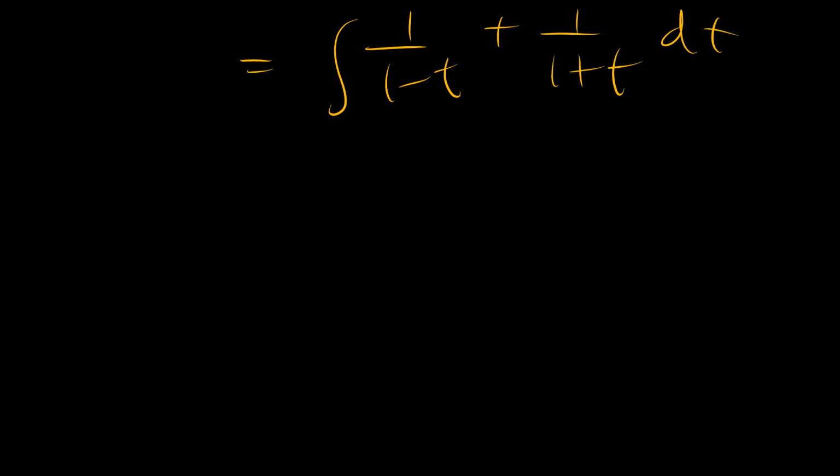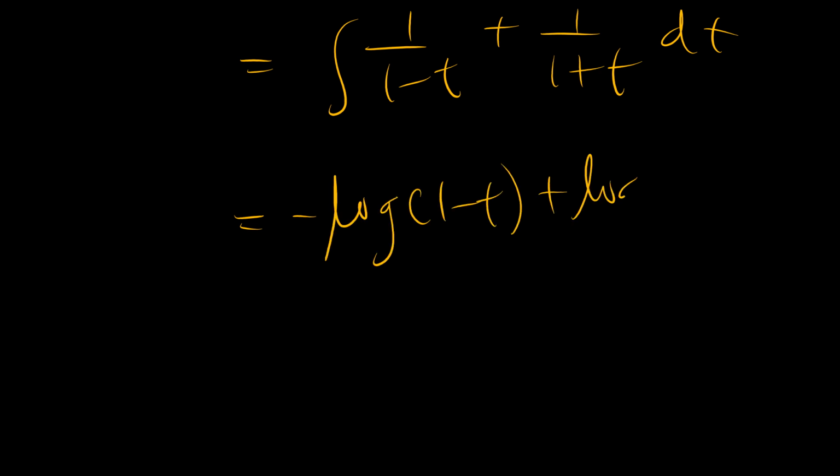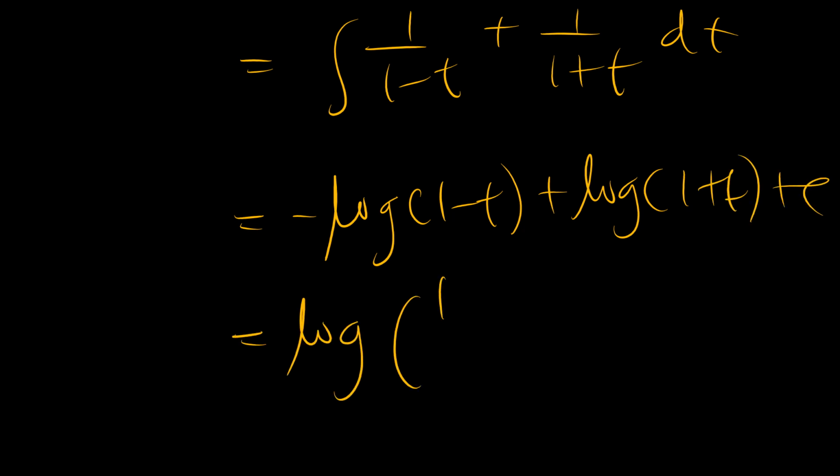So we have our integral of 1 over 1 minus t plus 1 over 1 plus t is the same as negative natural logarithm of 1 minus t plus natural logarithm of 1 plus t plus c, which is the same as log of 1 plus t over 1 minus t plus c.